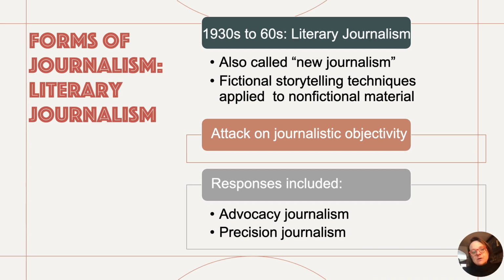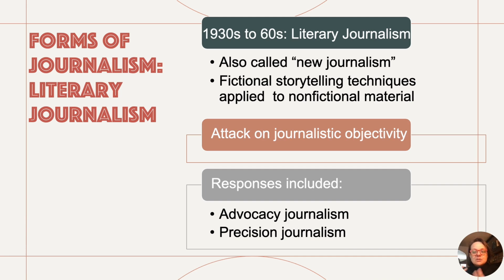And by the 1930s, we also see another form of journalism that pushes back against objective journalism, which is literary journalism, defined by bringing fictional storytelling techniques to the writing and the telling of the news. These are often longer pieces of writing. They're more narrative.